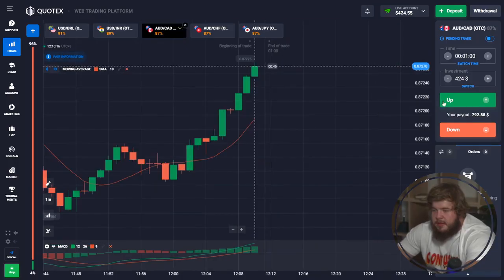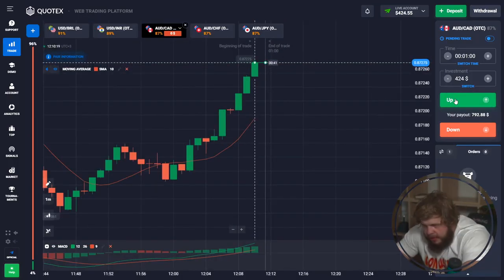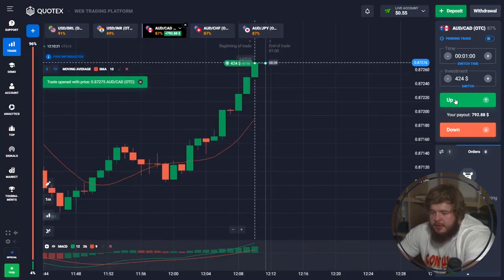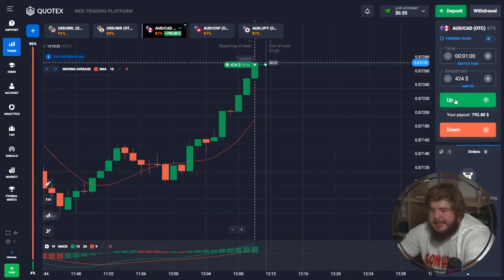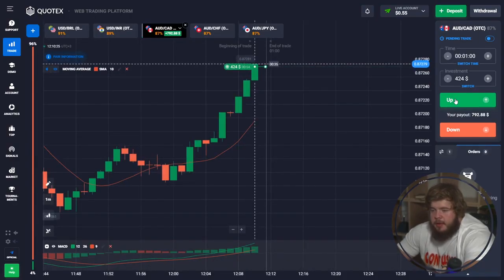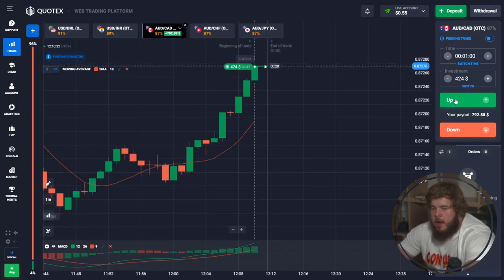So guys, here you can clearly see the signal of the MACD indicator, which is showing us that the green line is above the red one, and together with this we understand that price will go up.